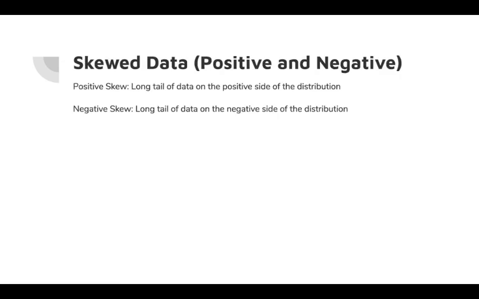So the last topic for today, or at least the last big topic in this stuff, deals with skewed data. Distributions look different, okay? And there are certain types of distributions that we've given names to.